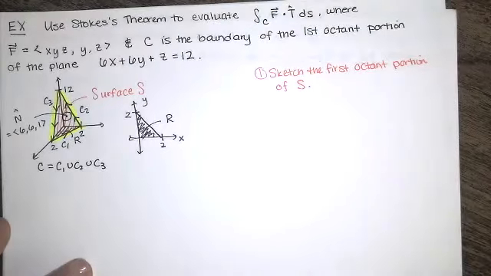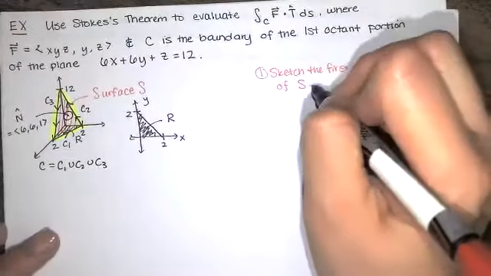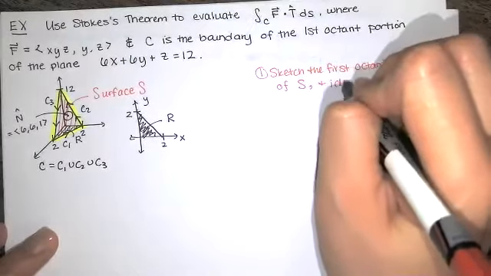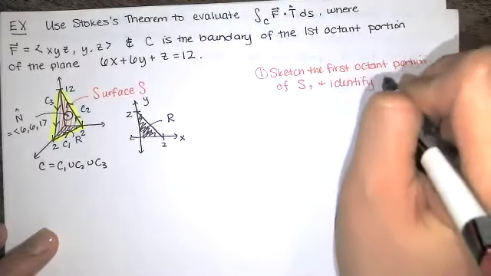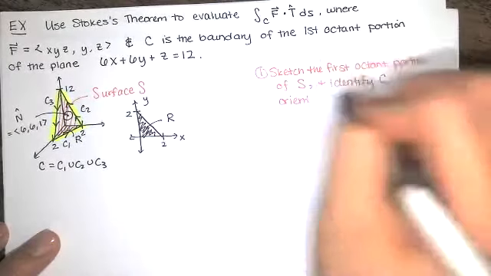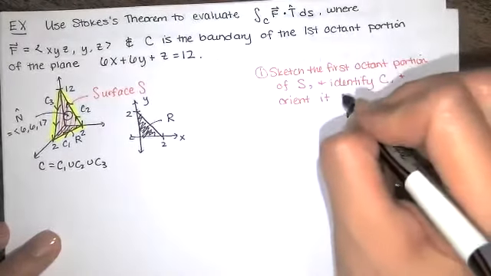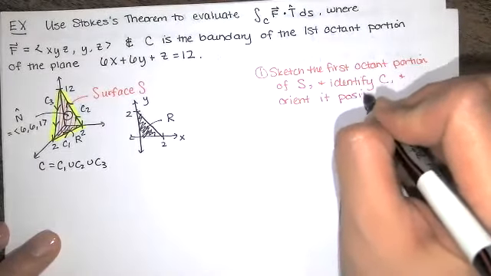Okay, so we have sketched the first octant portion of S, and we've identified C. And we've oriented it positively relative to n hat.